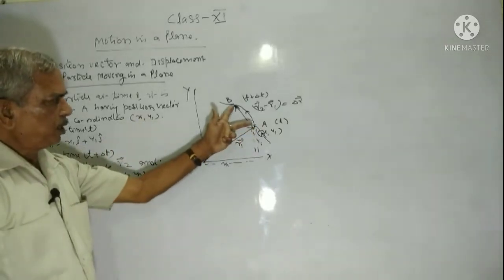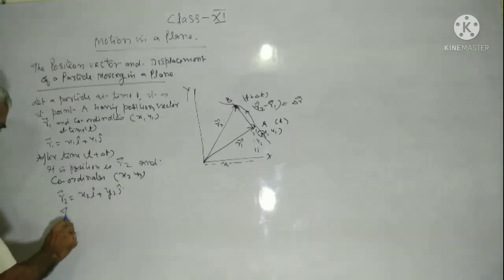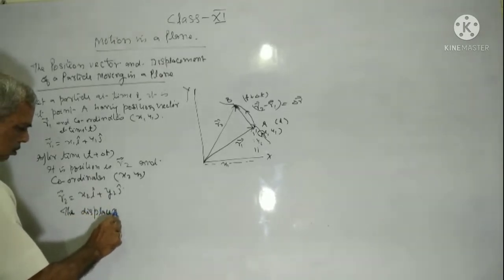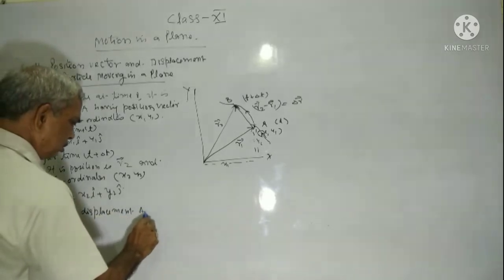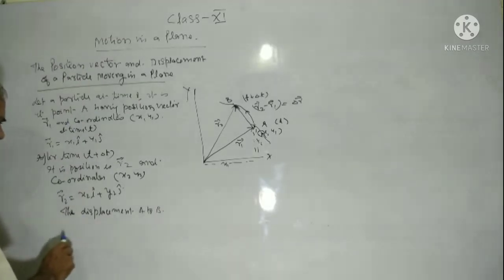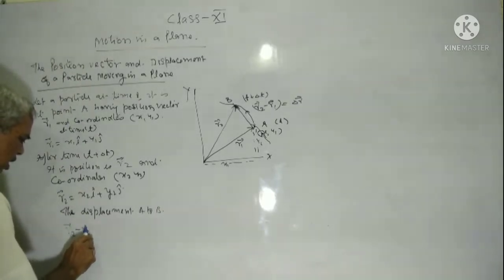Now the displacement between A and B is R2 vector minus R1 vector.